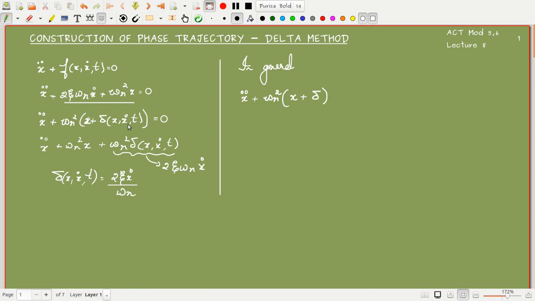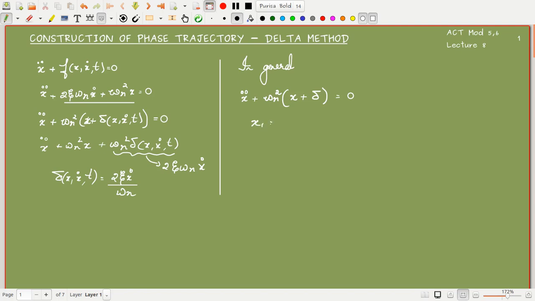I have not written it as a function of x dot and t equal to 0. This omega n squared can be replaced with some k in order to make it a general form, but I am writing it with omega n, where omega n is the undamped natural frequency of the system. Now we will choose the state variables for the system.